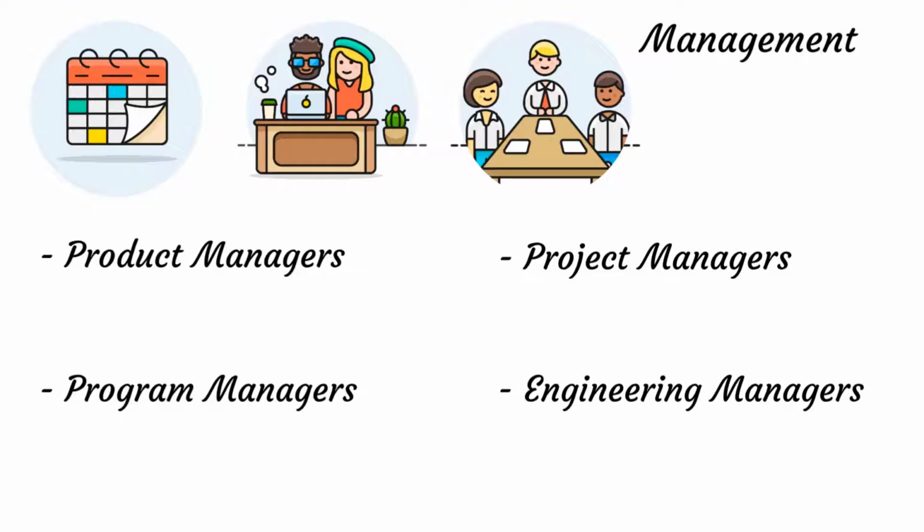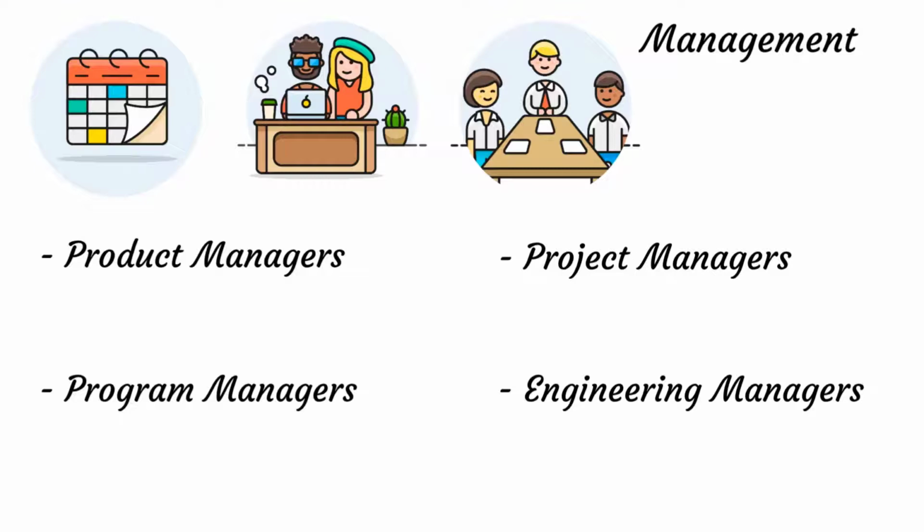Now, the other type of role that I'm putting in here are what are called program managers. Program managers have a little bit of a larger scope than a project manager. You can have one program that is composed of multiple projects that need to be delivered for that program to be achieved. Programs can have a set of multiple projects inside of a company that are intended to solve a particular problem or target a specific goal for the company.